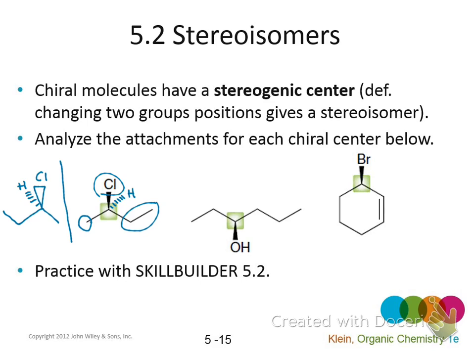The other way to do it, what have we been doing so far? Just switch 2 groups, right? Which 2 groups? Doesn't matter. You could switch the ethyl and the methyl, so you could draw it like this, and then draw this the same.